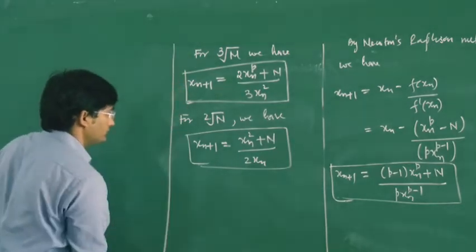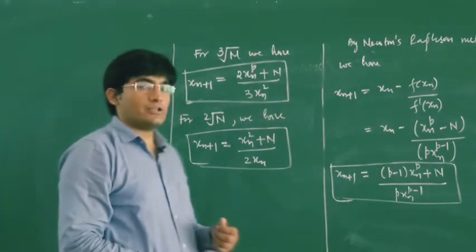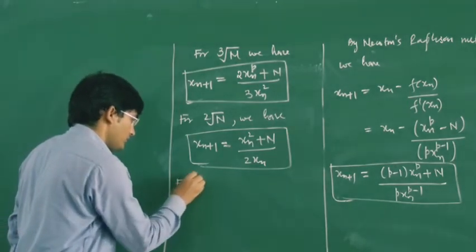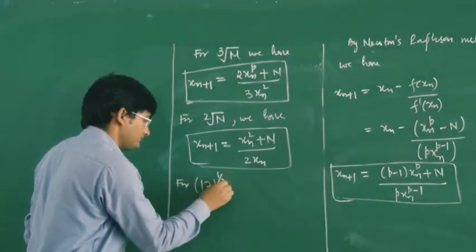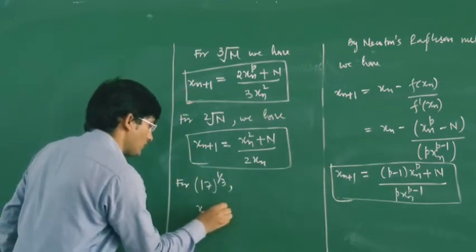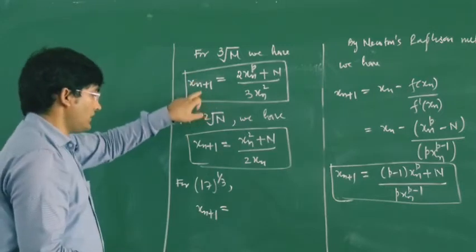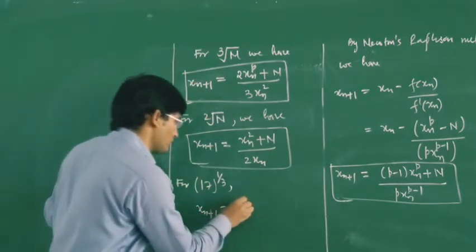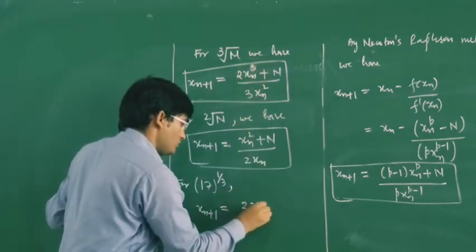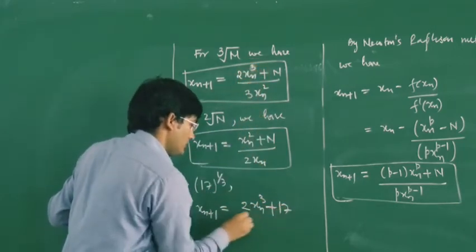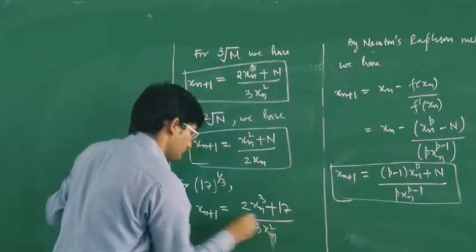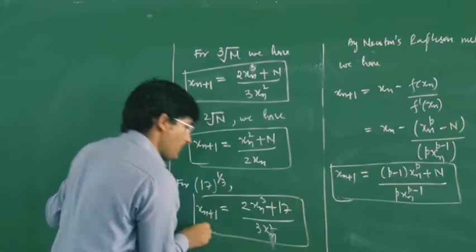Now let us calculate the cube root of 17. For the cube root of 17, we will use this iteration formula. So our x_(n+1) equal to, our p is 3 and our capital N is 17, so this will be 2 x_n cube plus 17 divided by 3 x_n square. So this is the iteration formula.